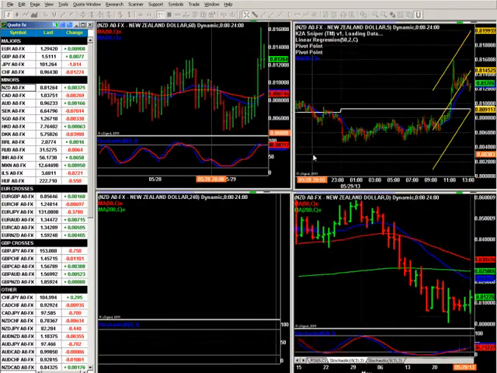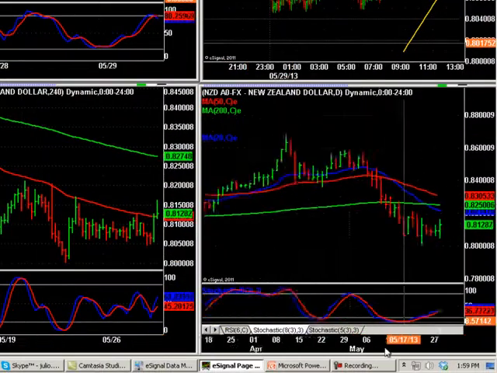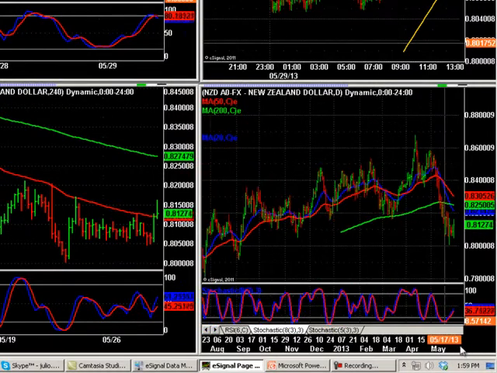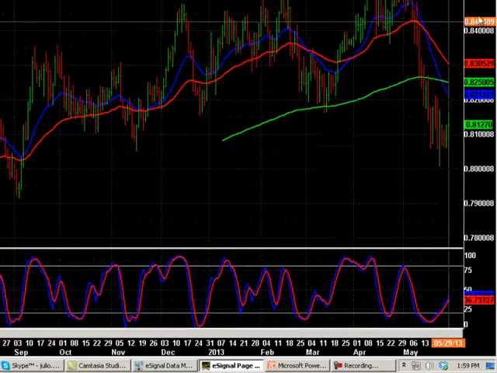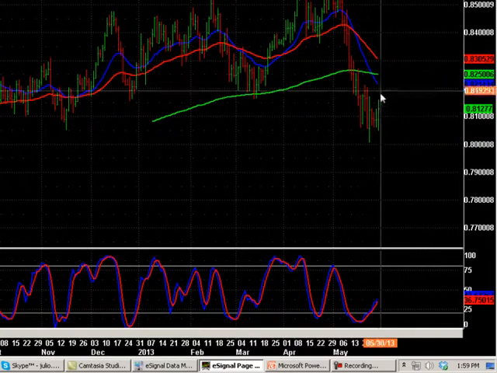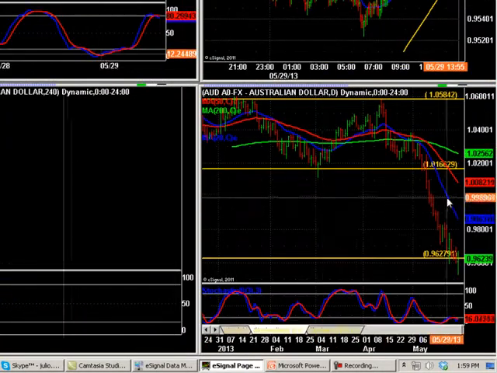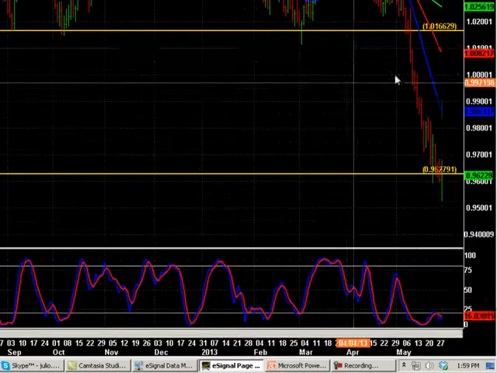Kiwi. Let's see the daily charts, see what's happening. Coming down to this low, could potentially bounce back up. If it does bounce back up, then it will drag with it the one I wanted to cover.